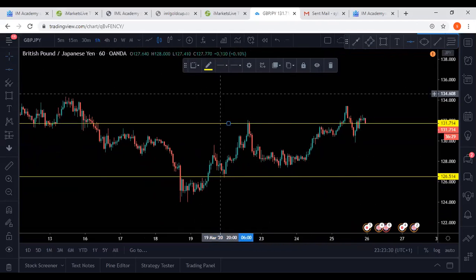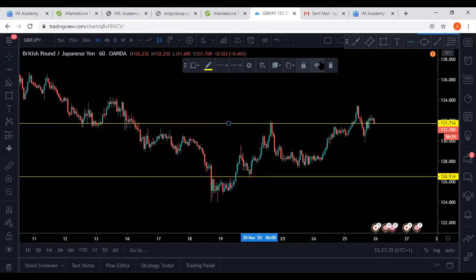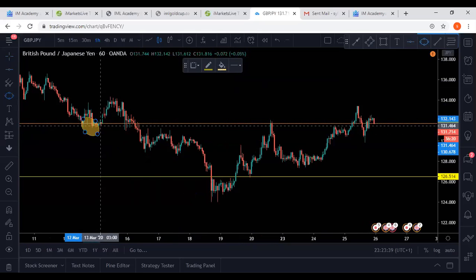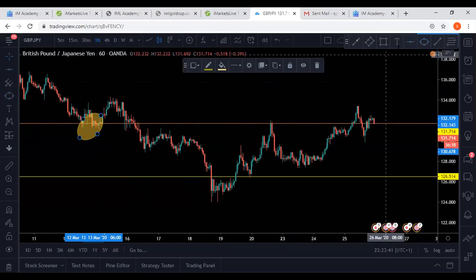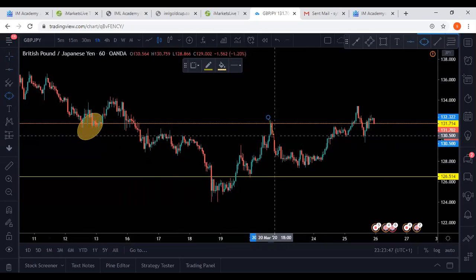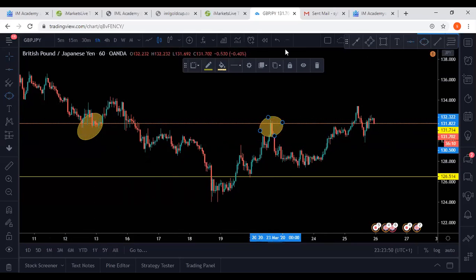You guys can see it. At this point, we have support, right? Price resting here. At this point, we have what? Who's that smart person that'll tell me we had support here.